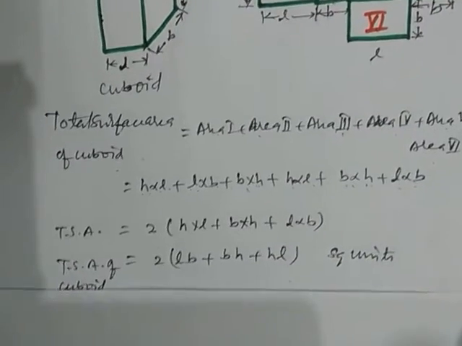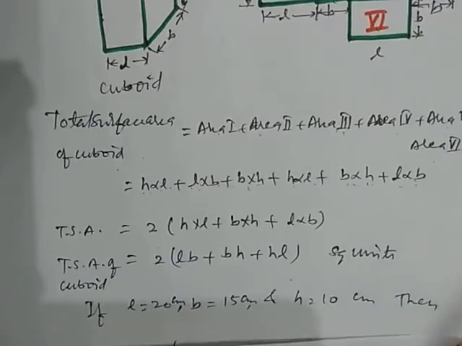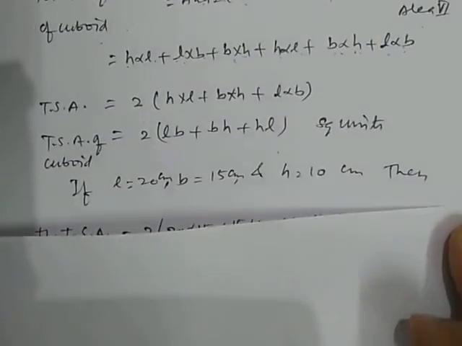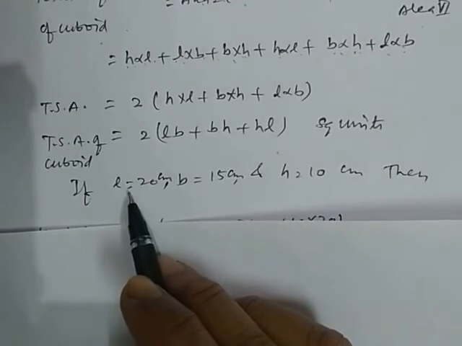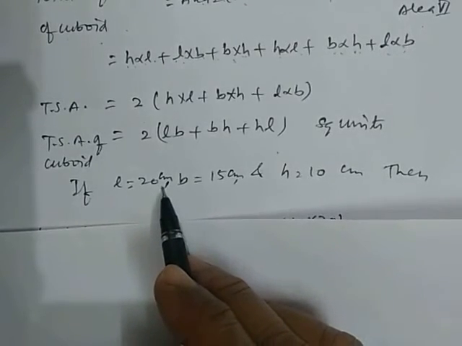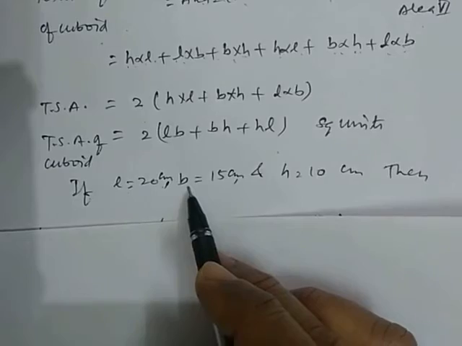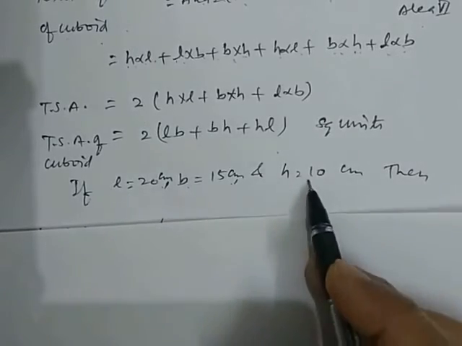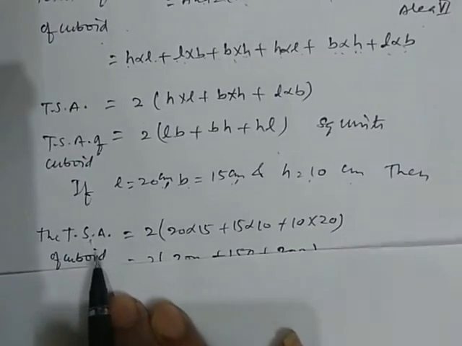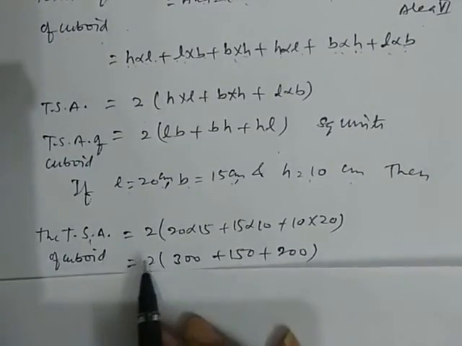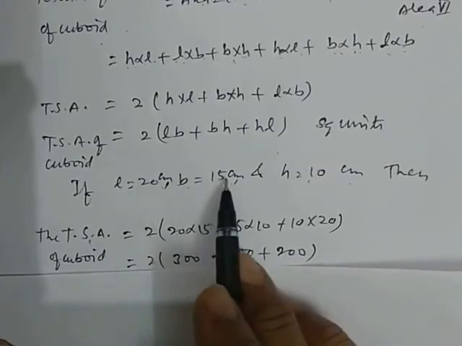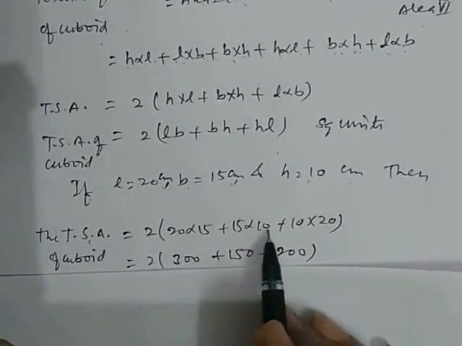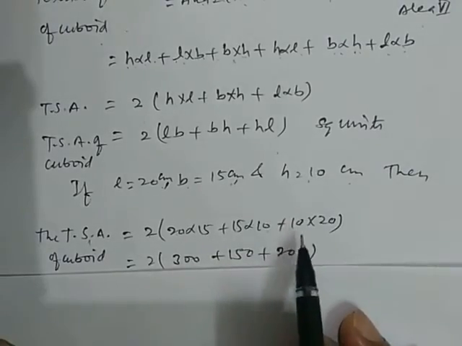So this way we found the surface area of a cuboid. Very simple. Now we take an example. If the length of a cuboid is 20 centimeter, breadth is 15 centimeter and height is 10 centimeter, then the total surface area of the cuboid is given by 2 into (20 into 15, plus 15 into 10, plus 10 into 20).